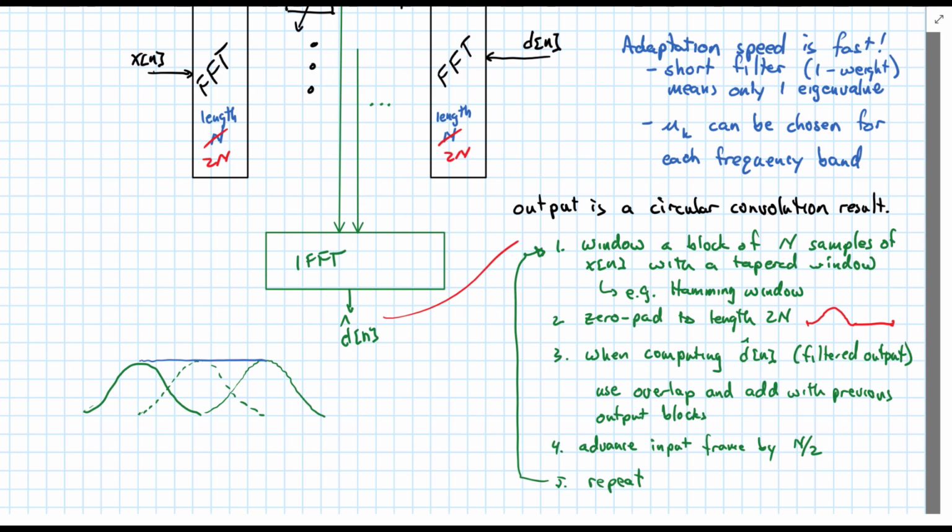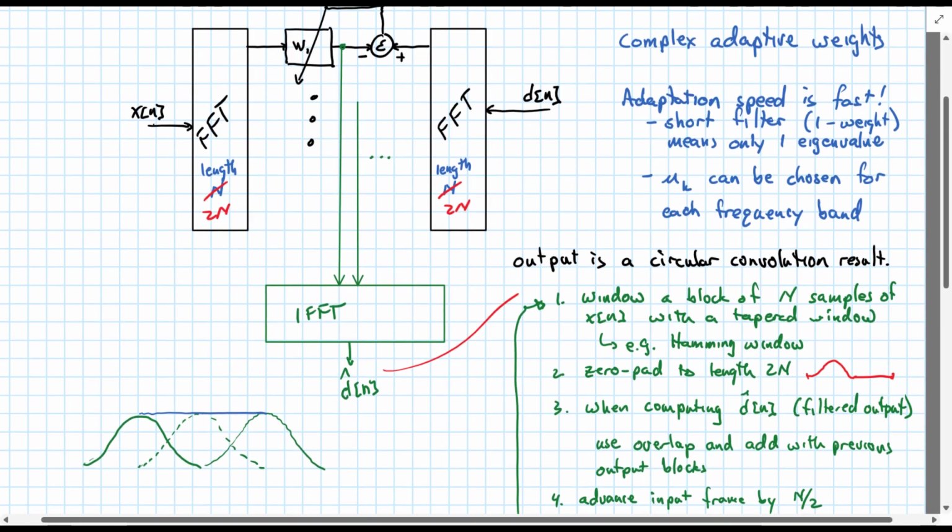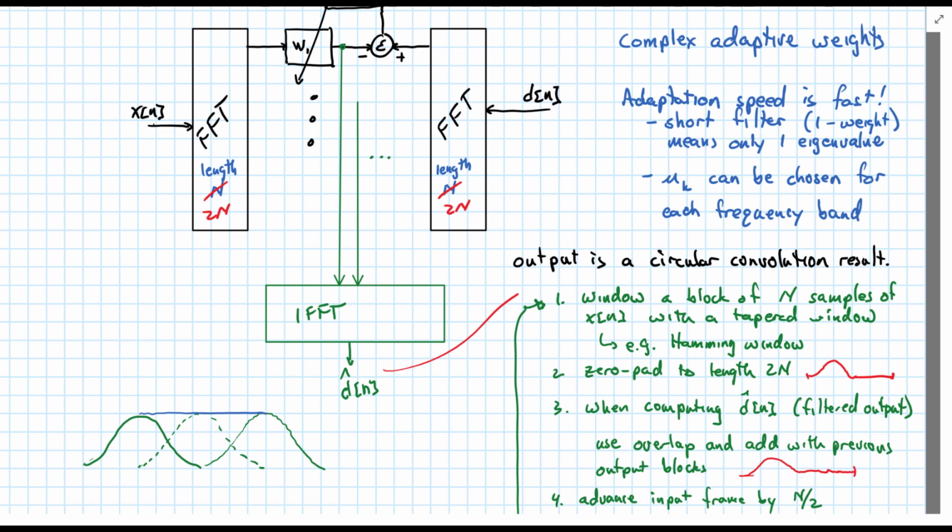D hat will be computed by taking all of the adaptive filter outputs in order, computing the inverse FFT. And now the inverse FFT will look something like this red filter zero padded shape, only it'll have been distorted, obviously some, and it may still have energy out in this region.